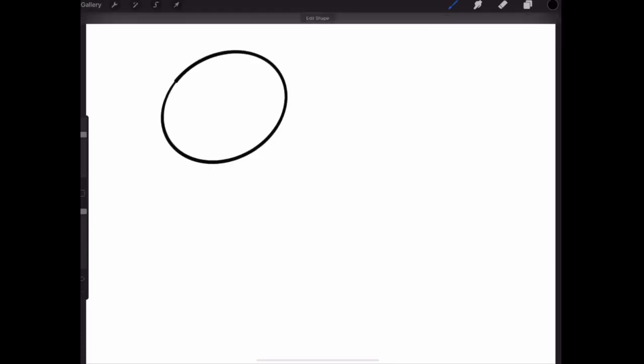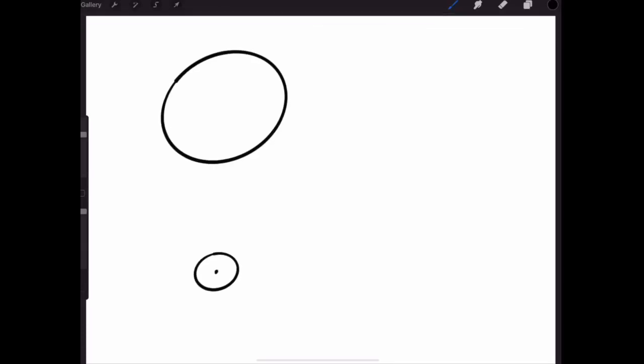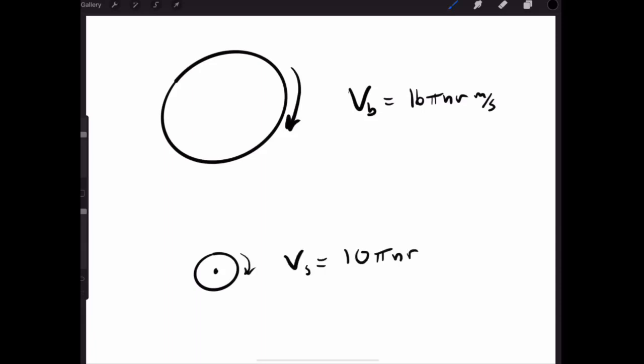So now let's compare the speed of both cases. So we got our bike, and the velocity is 16 pi n r meters per second. And for our little skate wheel, or our skateboard, it's 10 pi n r meters per second. So which one is larger and which one's smaller?